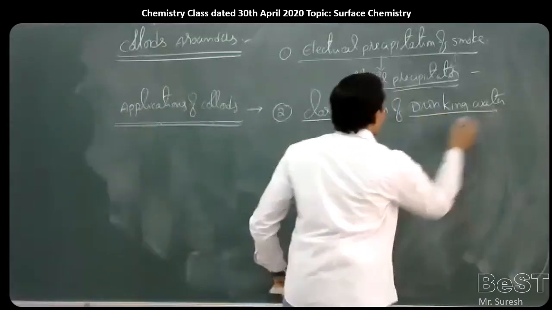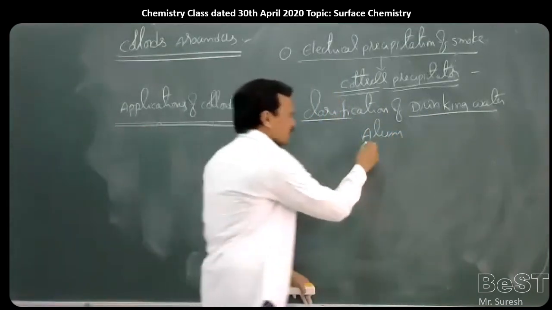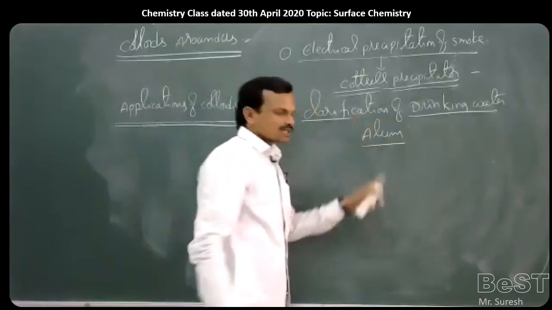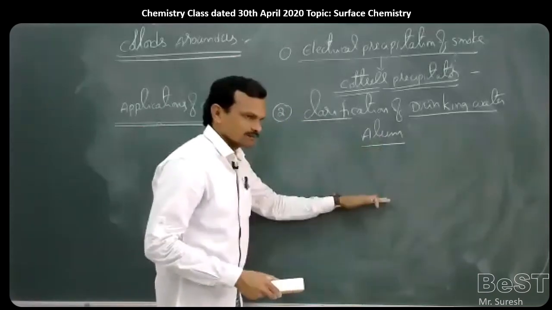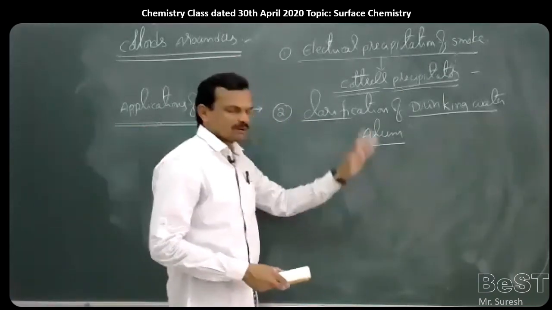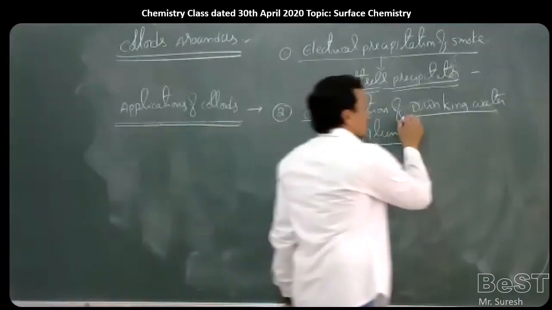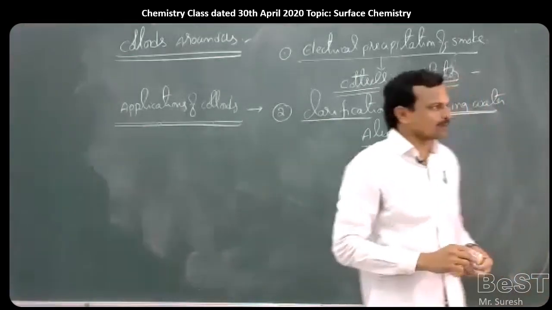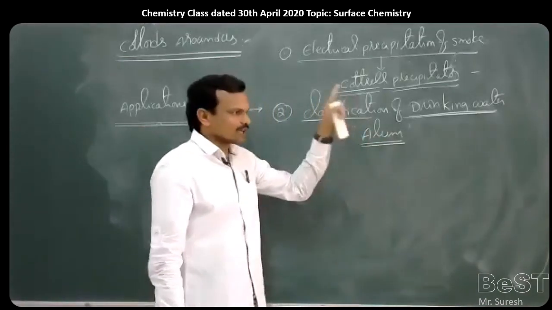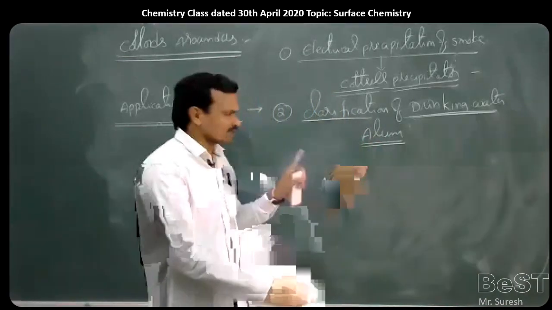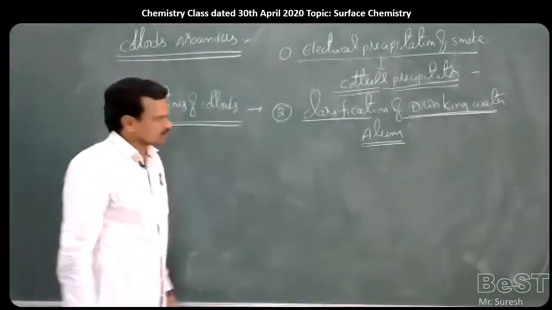If we add a small amount of alum to this drinking water, the electrolytes present in the alum cause coagulation of the dust particles, and the dust particles settle. They can then be separated by filtration, and the water is used for drinking. So the dust particles are coagulated by the addition of a small amount of alum, which neutralizes the charge present on the dust particles. Thereby, they coagulate and settle. This is clarification of drinking water.